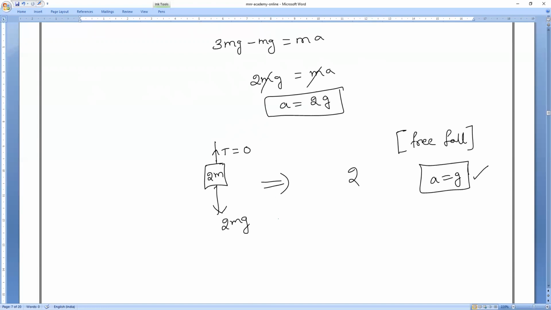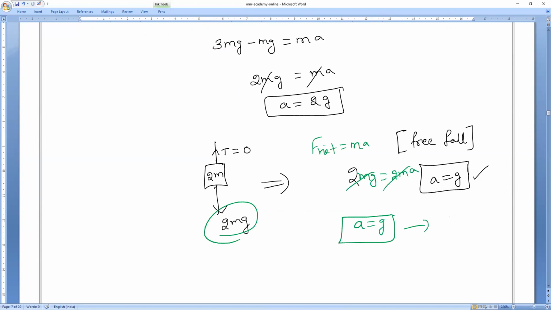So F net equals ma, and F net is only this force: 2mg equals 2m a. The 2m will cancel, so a equals g. It indicates free fall, and the body is traveling in the downward direction. That is what you have to understand.